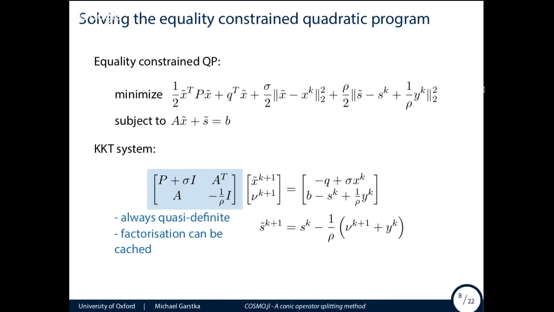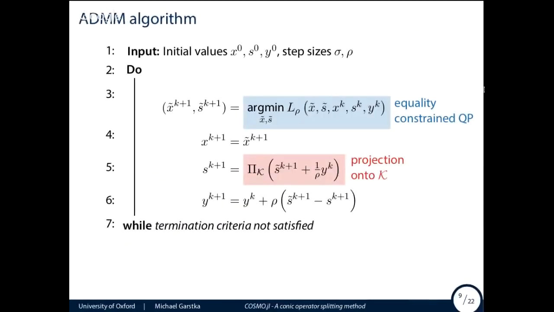So that's quite fast to implement. And another property is that this matrix is always quasi-definite, because the upper part is always positive semidefinite, and the lower part is always negative definite. And that allows you to always get a nice LDLT factorization. Yeah. So this is the first step.